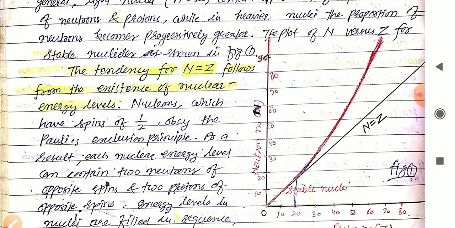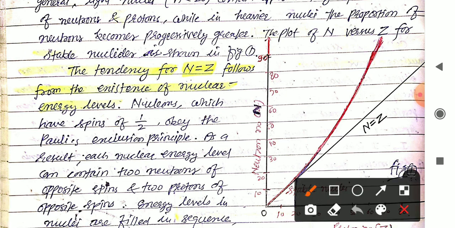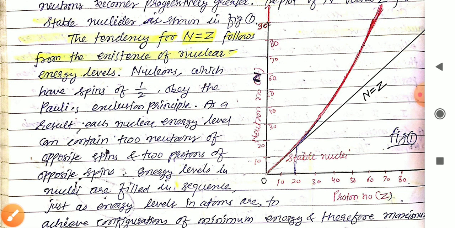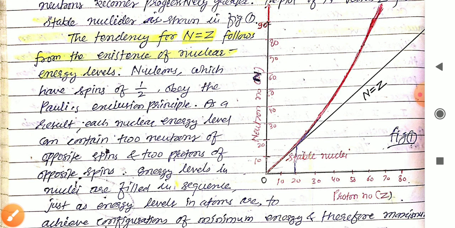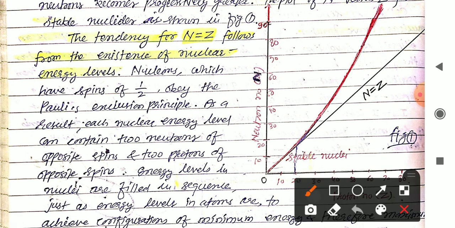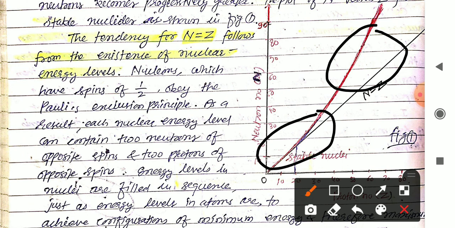Practically it deviates, and it shows the region of light nuclei, so this is the light nuclei region which is more stable, and this is the region of less stable nuclei, because in this case the number of neutrons is greater than the number of protons. This region is more stable because this region shows the number of neutrons and protons somewhat equal.